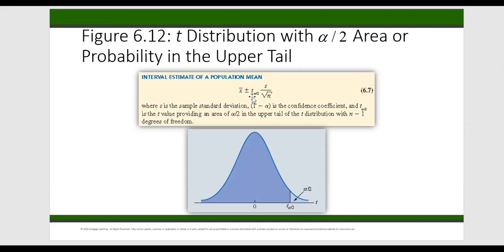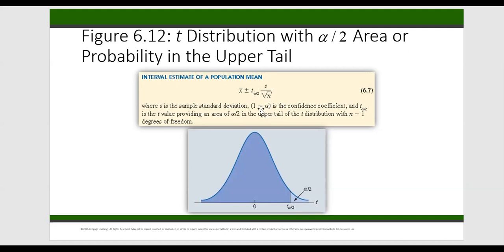The reason we use T and not Z or standard normal distribution is because we are using S and not sigma, the standard deviation of the sample. So this is an estimation for the standard error. I'm not gonna really go into too much detail, but at the end of the day, this is the formula that we're gonna use.